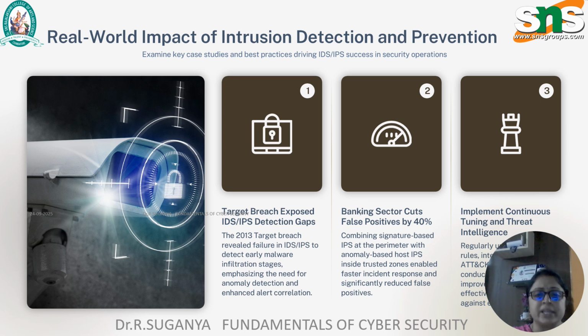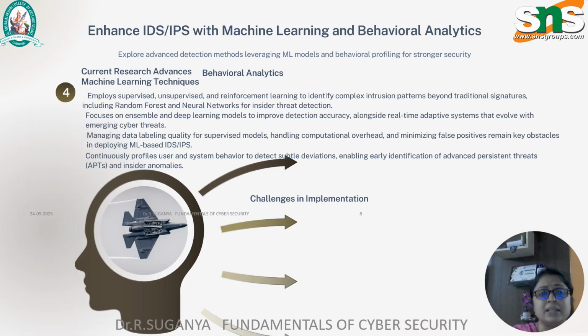So this is one of the case studies. And the banking sector cut false positives by 40% by implementing continuous tuning and threat intelligence. So we have to tune the threat intelligence, and tune what type of technology can be used for each type of crime, and enhance with machine learning and behavior analysis.